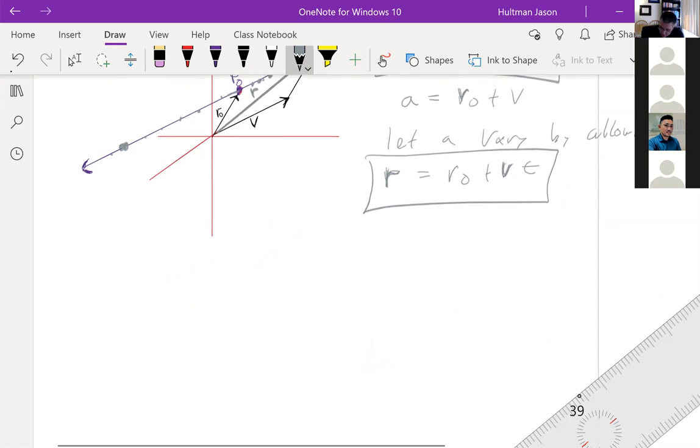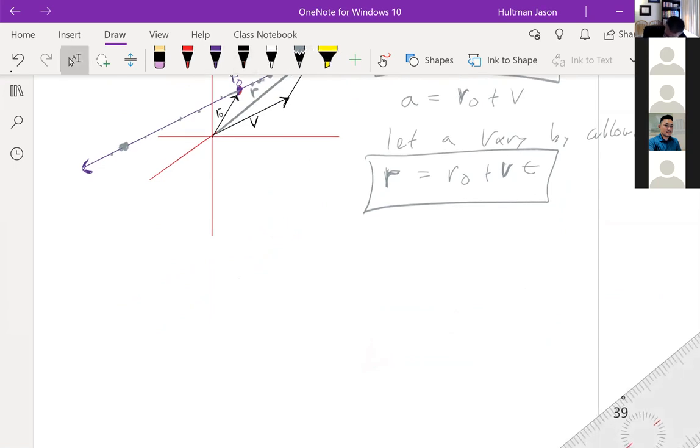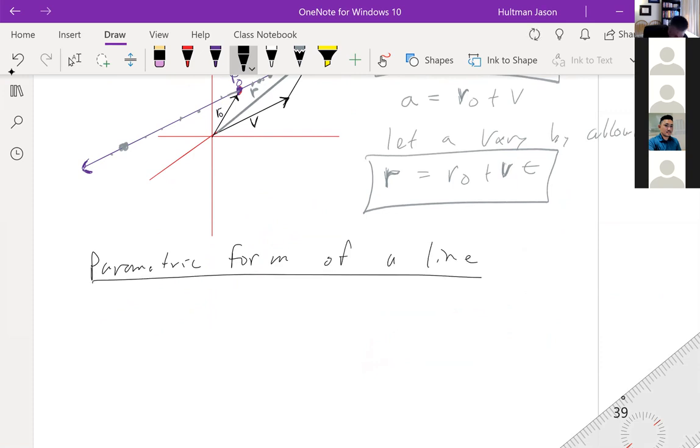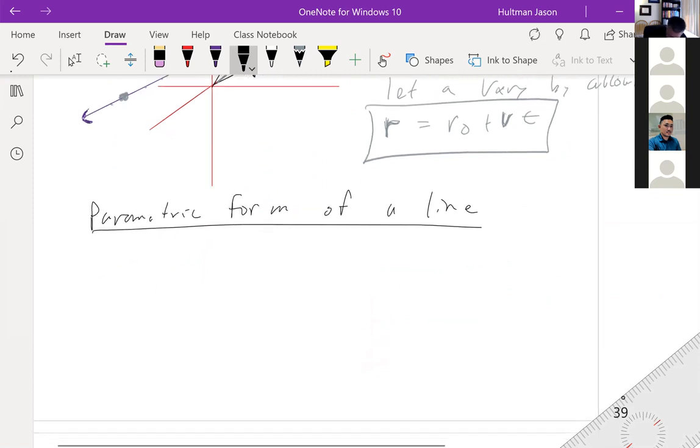Okay, let's look at the parametric form of a line. I'm going to let P naught equal X naught, Y naught, Z naught.